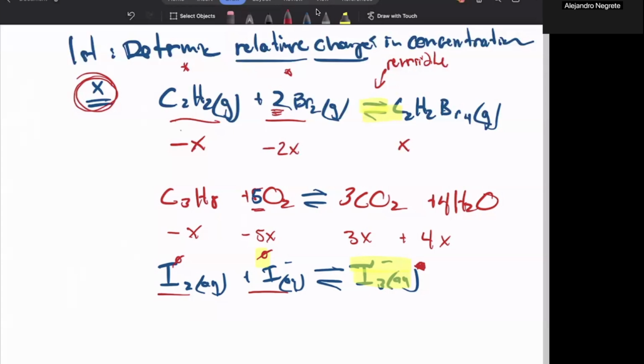This concentration is going to go down because we're shifting to the left. So here we're going to write minus x, and then this would be plus x, and this would be plus x. So we really have to think about what our starting products and reactants are in this reaction.